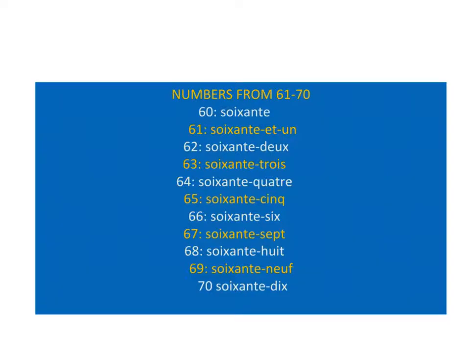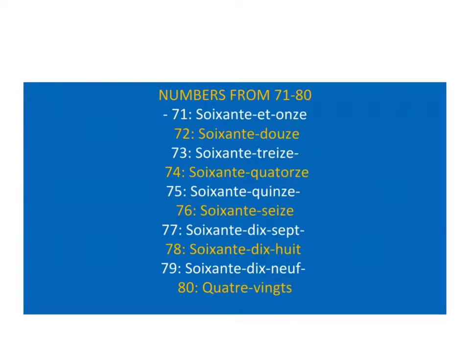Now, if you look at it very well, from 20, you will be adding 1, 2, 3, 4, 5, 6, 7, 8, 9, 10. But from 70, we are not going to use 1, 2, 3 again. You'll be using 11, 12, 13, 14, 15, because like they did addition here. So 71 is soixante et onze.